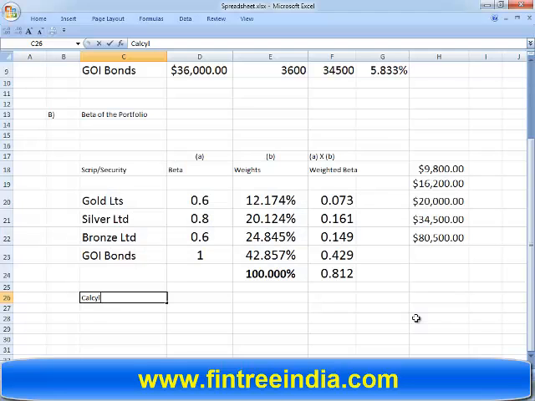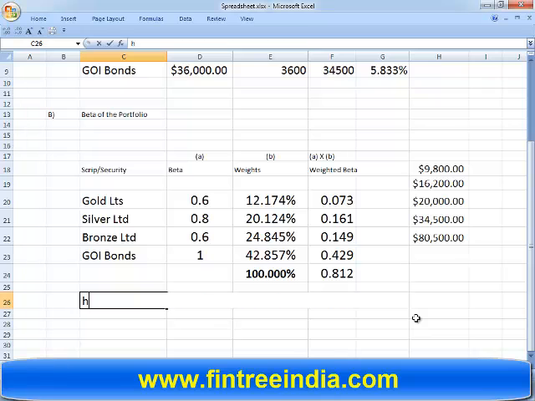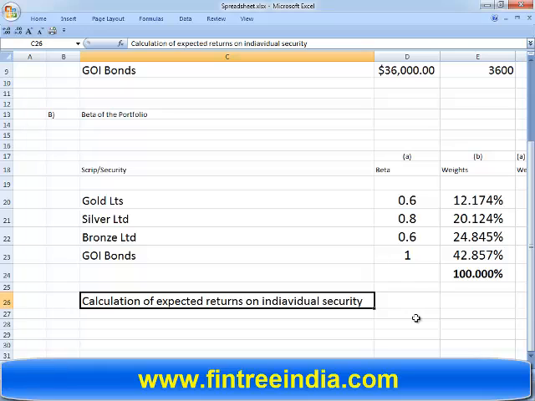So we will say calculation of expected returns on individual security.